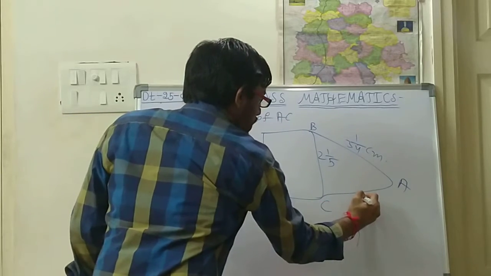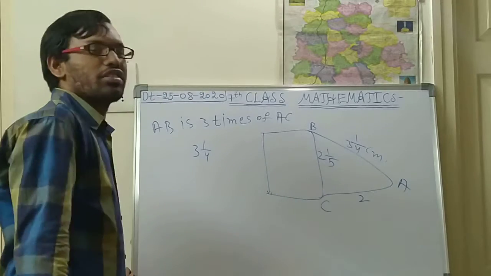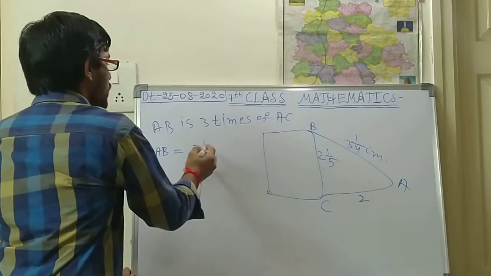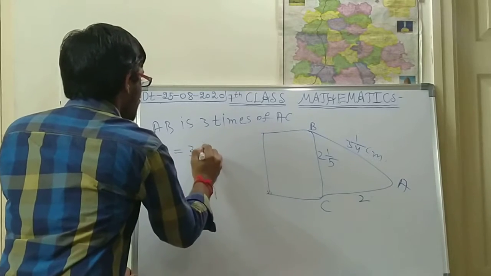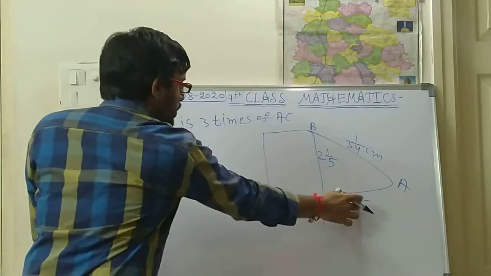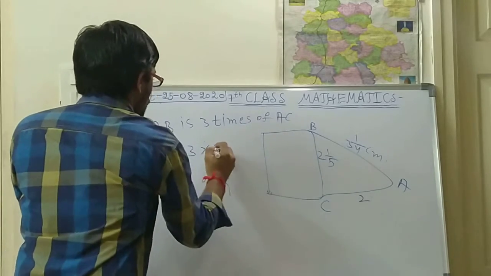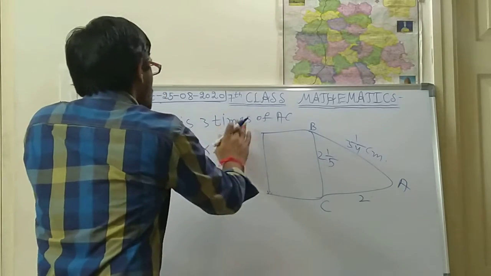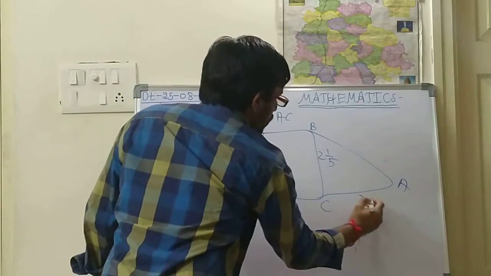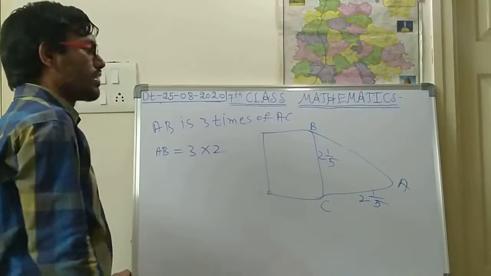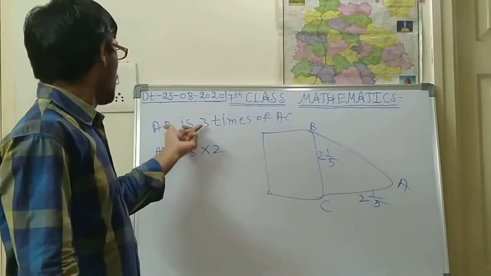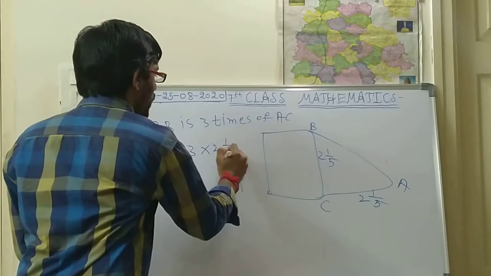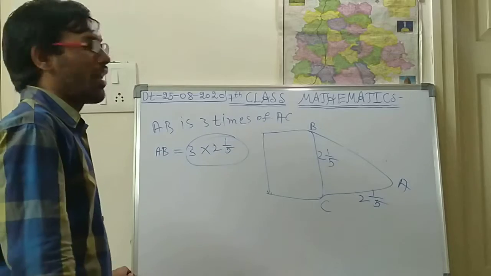Suppose AC is 2 1 by 5 centimeters, and you should find AB. AB is 3 times AC, that means 3 into 2 1 by 5. Here multiplication came in the fractions.